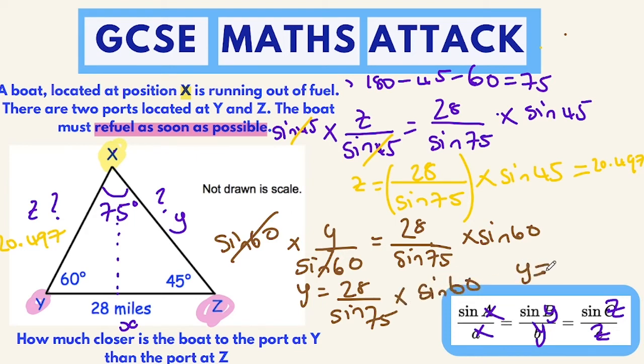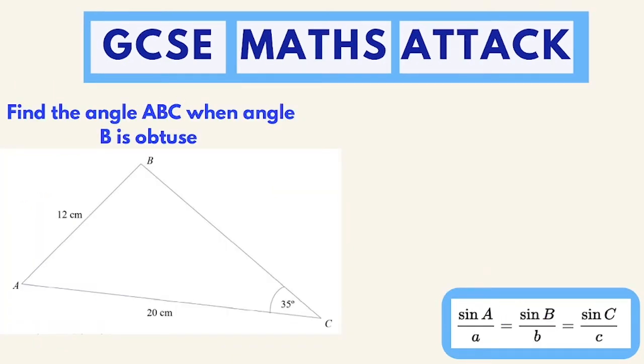If you place that in your calculator, that should give you the value of 25.104. So the closest one would be this value over here from y to x, because this is 25.104.